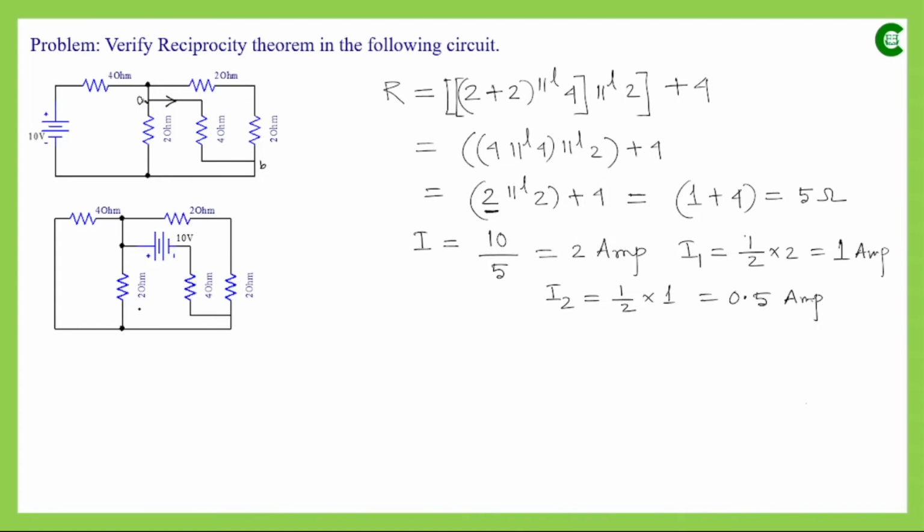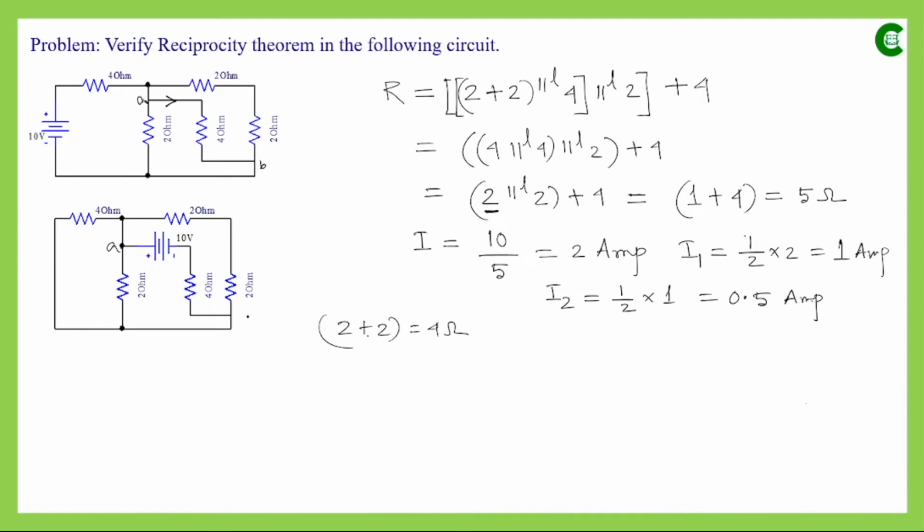In this circuit, if we simplify to get the current value, here we can see that this 2 ohm and this 2 ohm resistors are again connected in series. So their equivalent resistance again will be 4 ohm, and also this 4 ohm and this 2 ohm are connected between these 2 points.